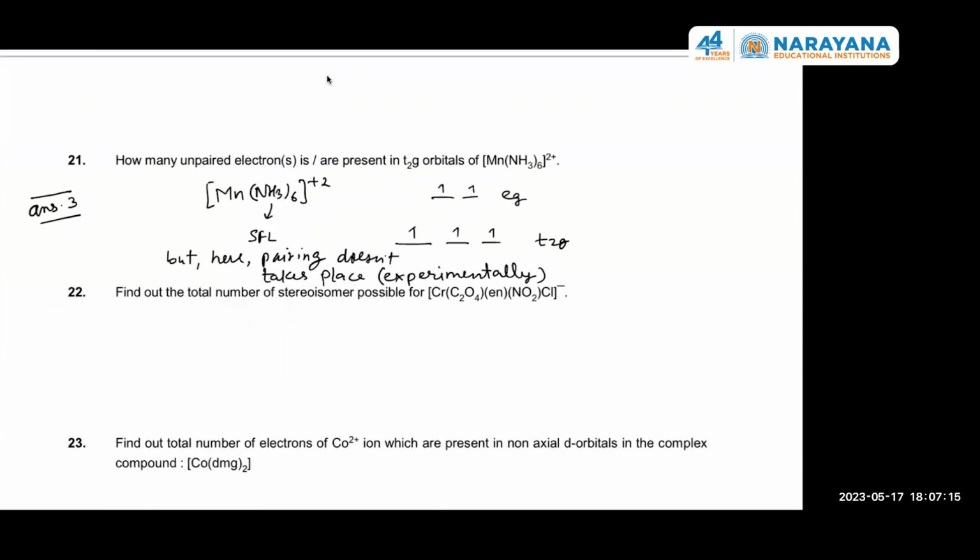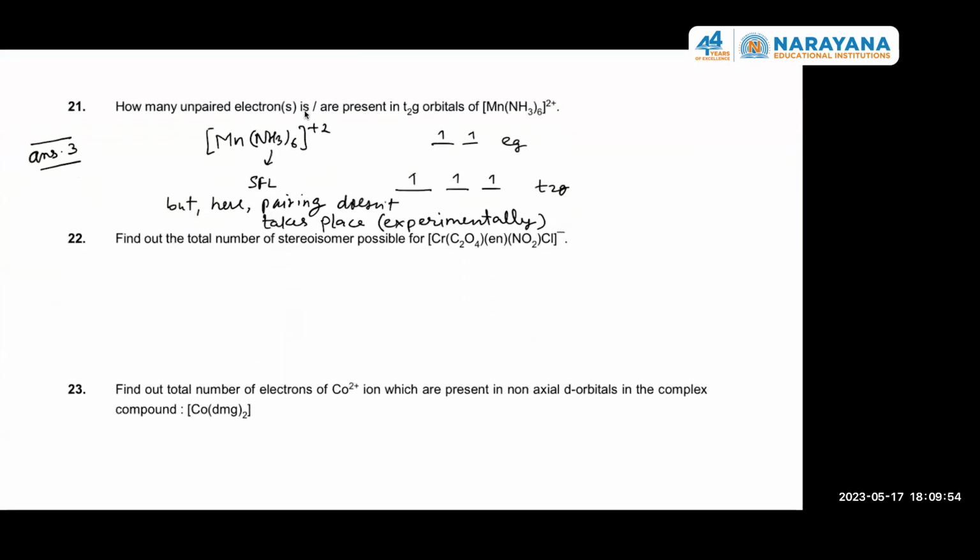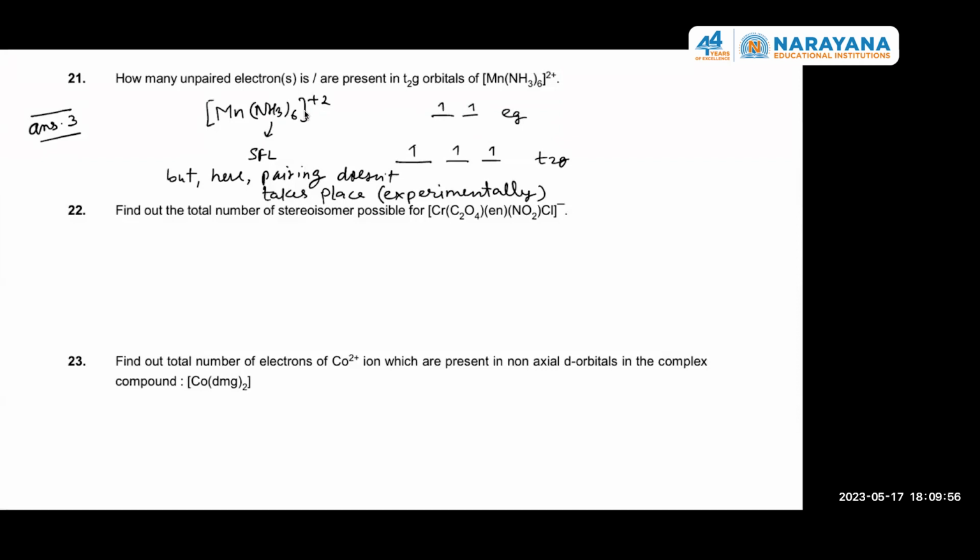Okay, come to the next question. See, if we draw the geometry, it will be octahedral, with chromium as the central atom. Now we have 2 bidentate ligands and 2 monodentate ligands. Overall coordination number is 6.